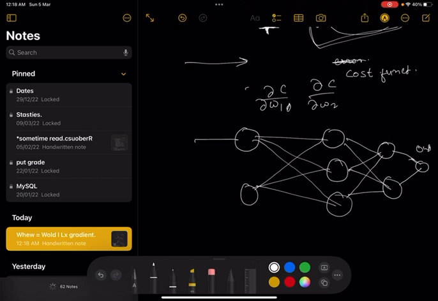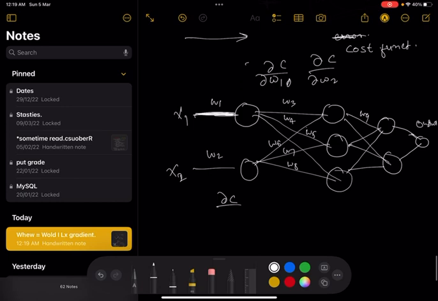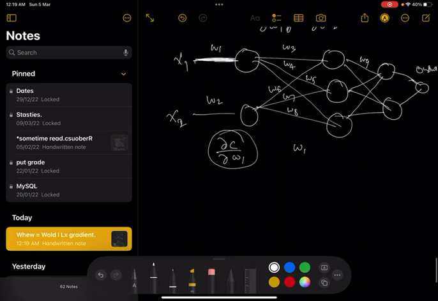This is x1, this is x2, and the weights w1, w2, w3, w4, w5, w6, w7, w8, w9, and so on. Now let's say I have to update this weight, w1. So what I need is dC by dw1, and then I can update that weight: w1 minus alpha times dC by dw1. But how will I get this dC by dw1?